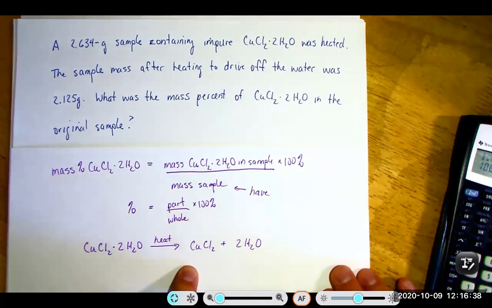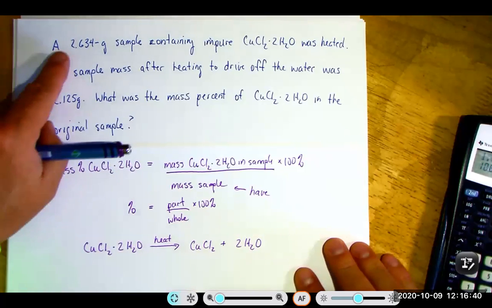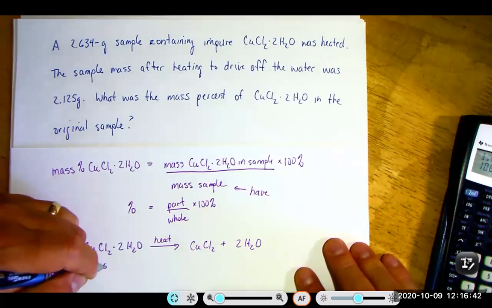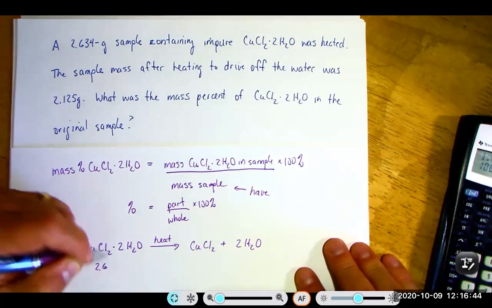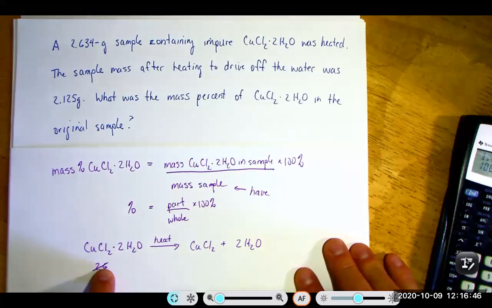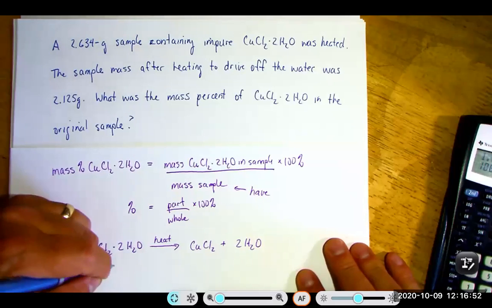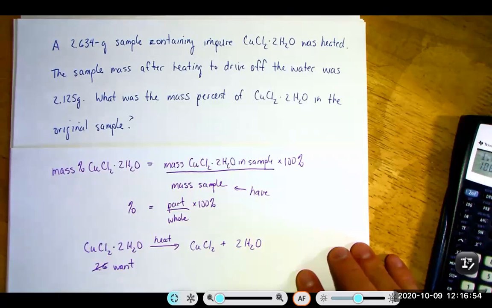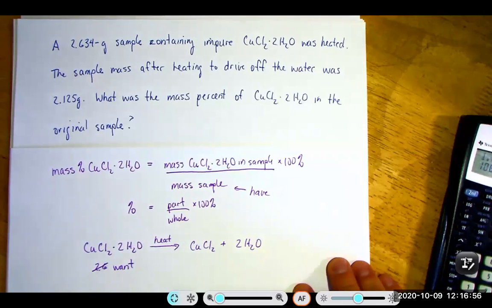Now, this weighs 2.634 grams, but it's not pure copper 2 chloride dihydrate. This is what we want, and we don't have it. So how do we get this?